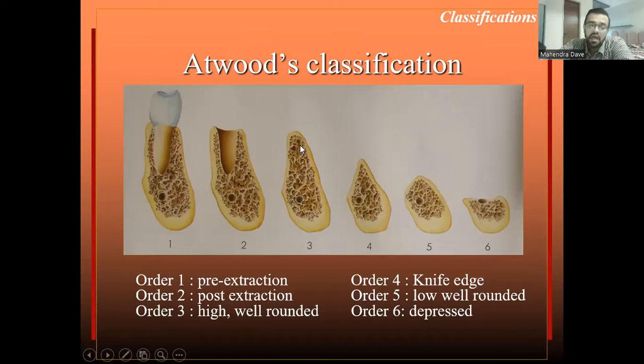Class 3 is after the healing, but the ridge is high and well rounded. Class 4, the resorption of the ridge is taking place, but the ridge is looking knife edged. Class 5 is low but well rounded, and class 6 is depressed. So this is the classification given by Atwood.